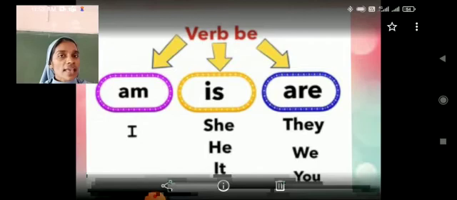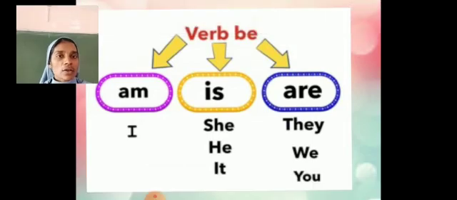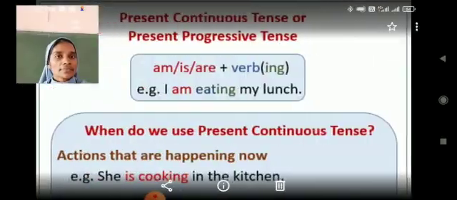We use am with the first person singular I. We use is with the third person singular he, she, it. We use are with third person plural, second person, and first person plural: they are, you are, we are.